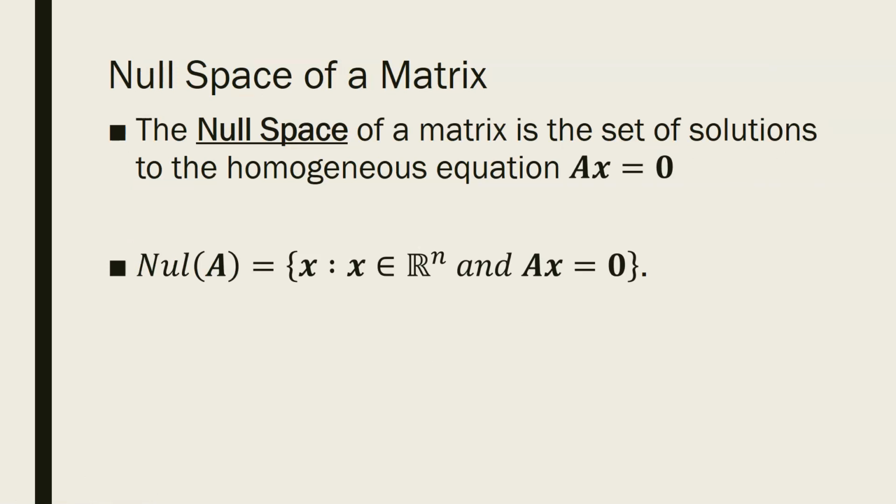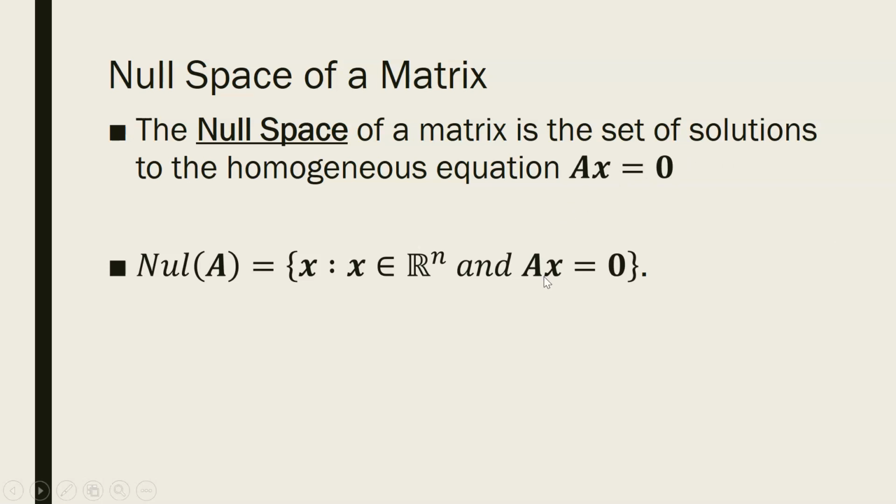Now, what we're going to focus on first is the concept of the null space. We've seen this before. The null space of a matrix is the set of all solutions to the homogeneous equation Ax = 0. A better way to put that is that the null space is the set of vectors which get sent to 0, and when I say 0, I'm saying the 0 vector.